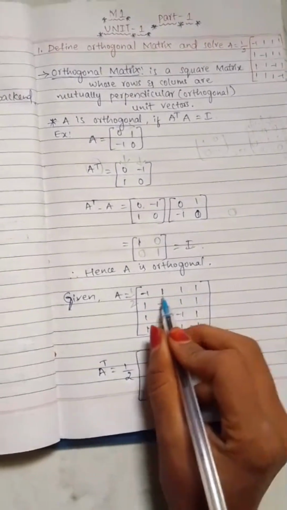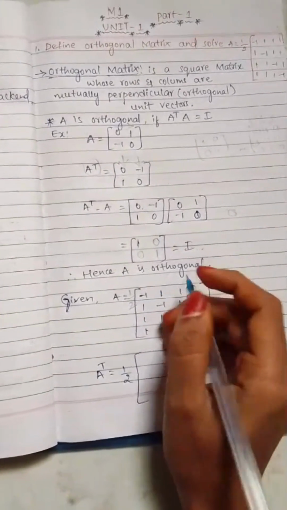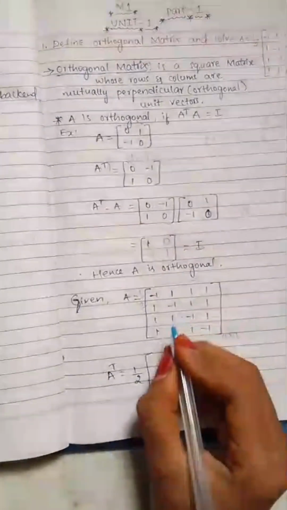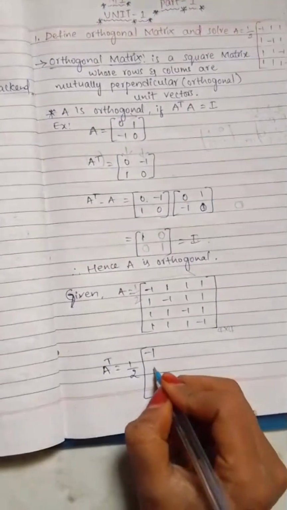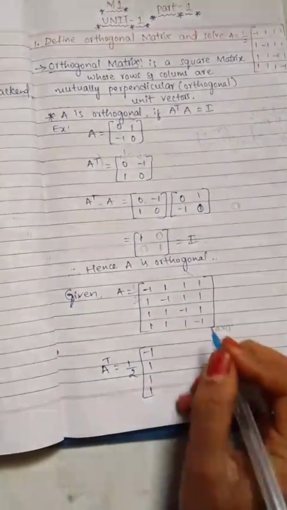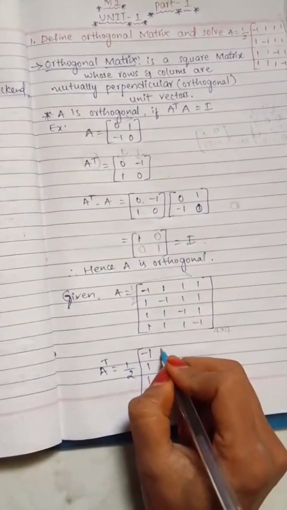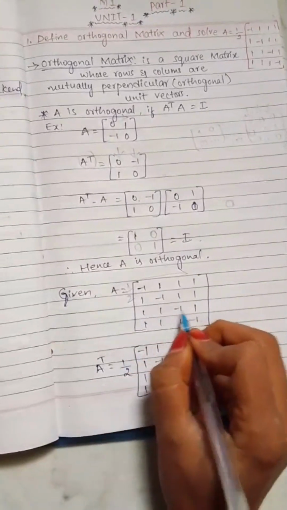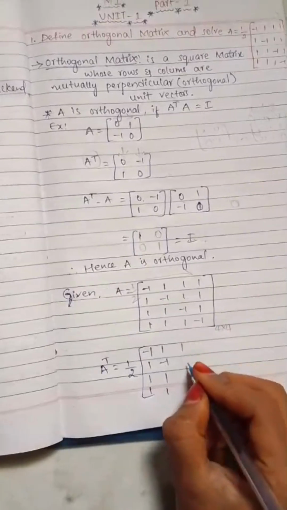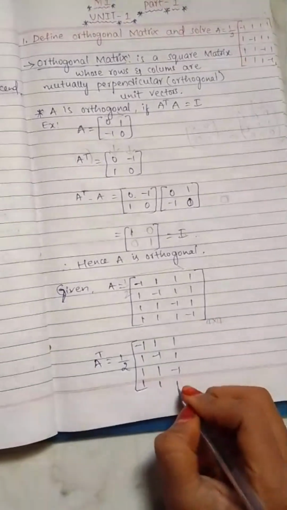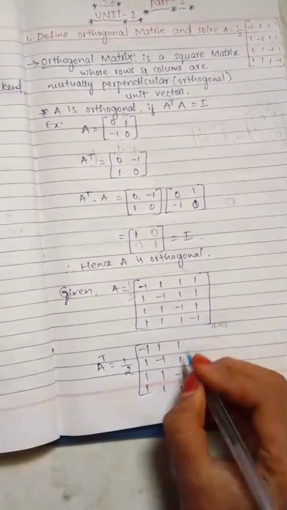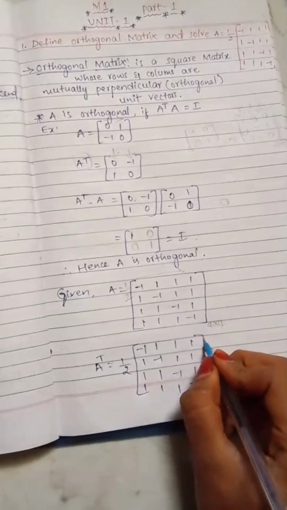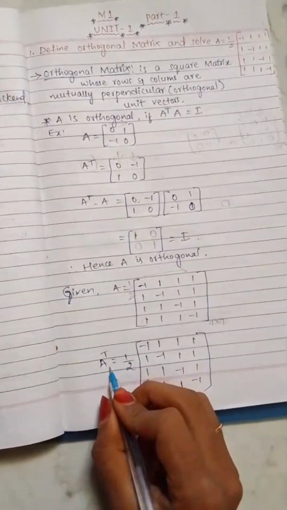Let us take the first row as the first column: minus 1, 1, 1, 1. Second row: 1, minus 1, 1, 1. Third row: 1, 1, minus 1, 1. Fourth row: 1, 1, 1, minus 1. This is the A transpose.